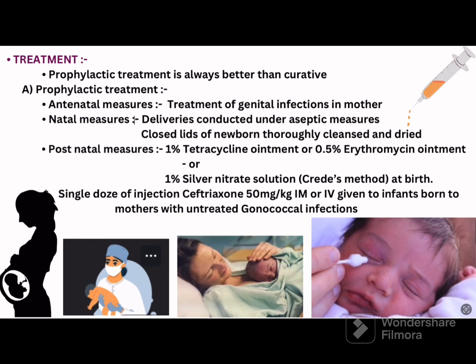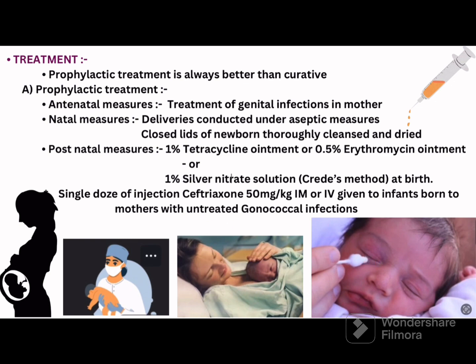We already learned, right? So what you do is you will conduct the deliveries under hygienic conditions, or you say aseptic measures. Now, as soon as the baby is born, the closed eyelids of the newborn are thoroughly cleansed and dried. How about the postnatal measures?